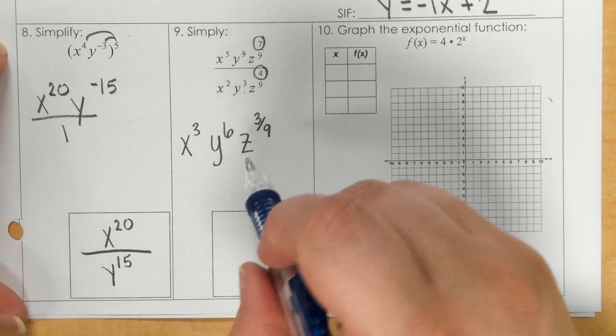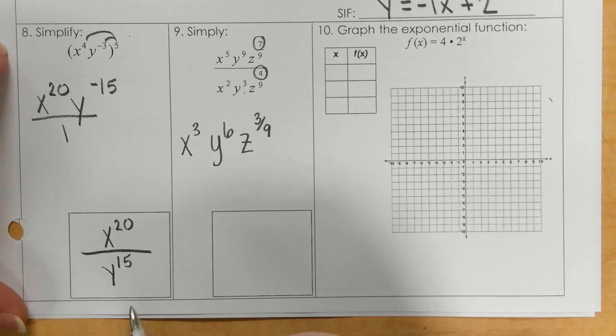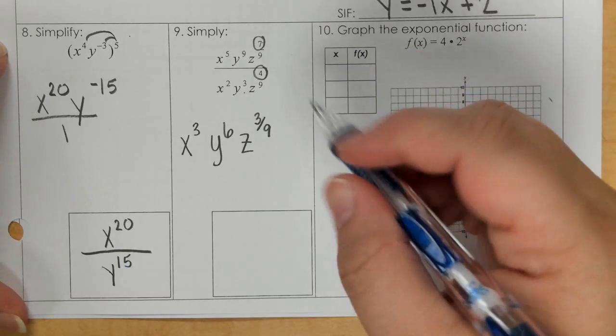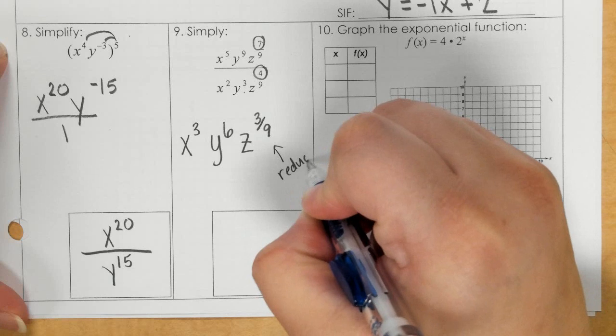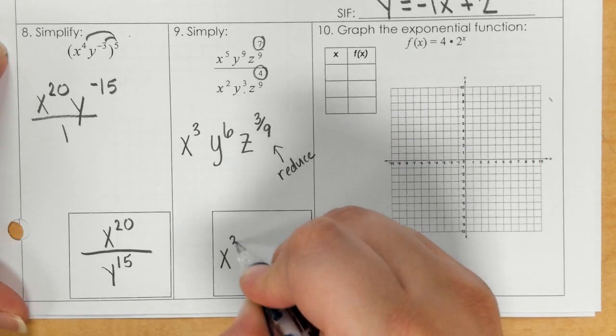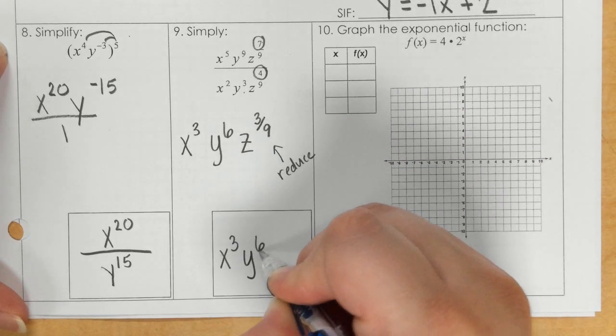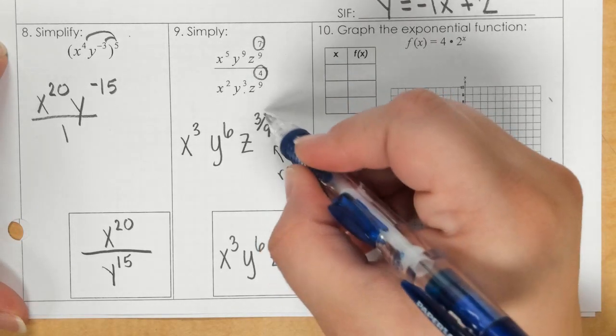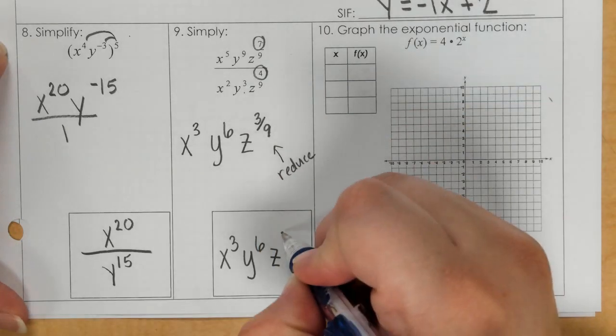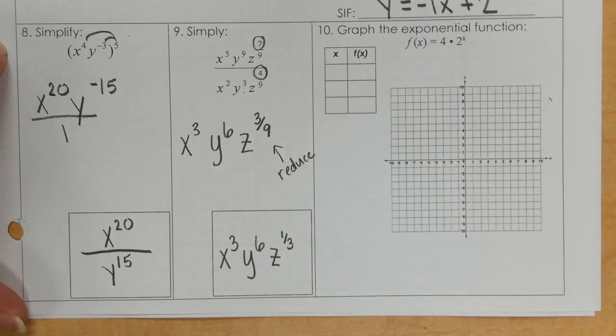In this particular problem, we have all positive exponents, so that's great. But we need to reduce this one. So I would say x to the third, y to the sixth, and then 3 and 9 are both divisible by 3. So if I reduce it, I would have 1/3.